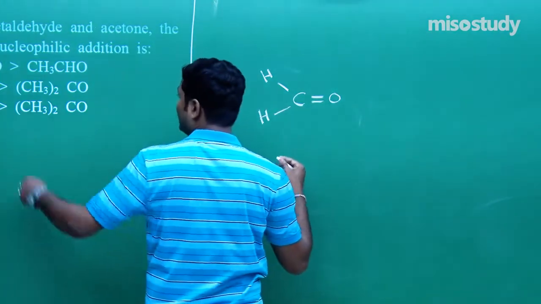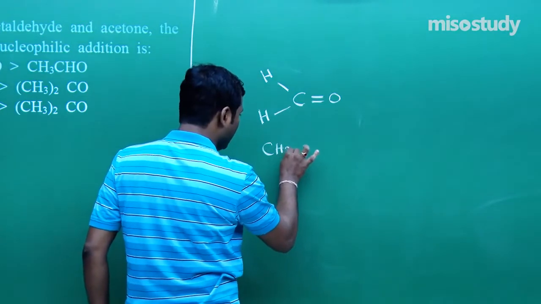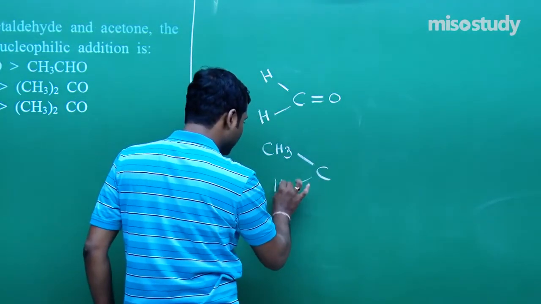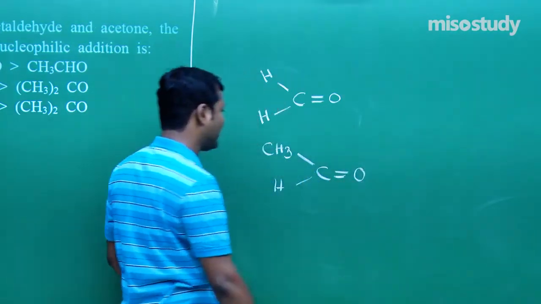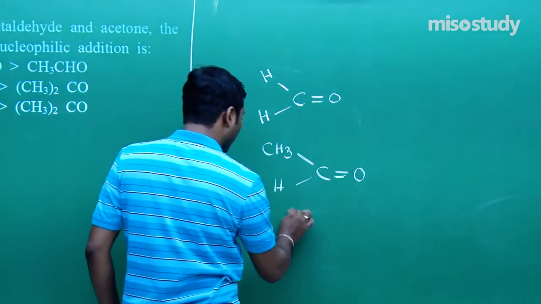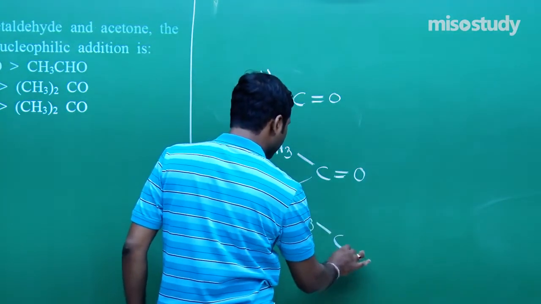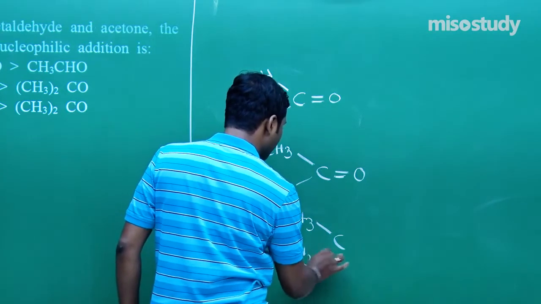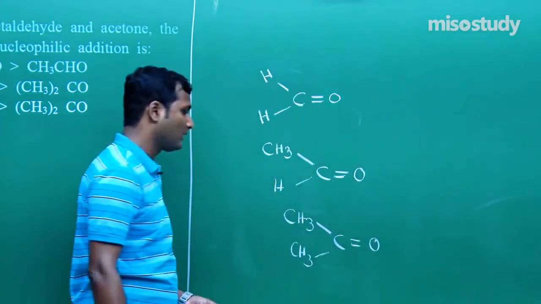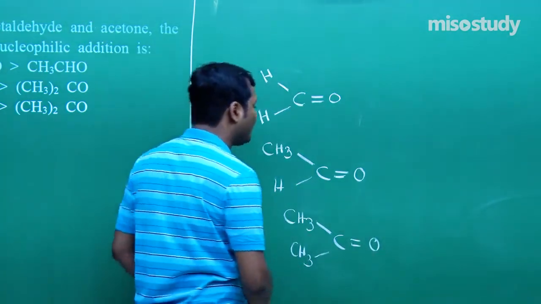Now CH3, C, H, double bond O, this one is acetaldehyde. And this one, with two alkyl groups on C double bond O, is the ketone.